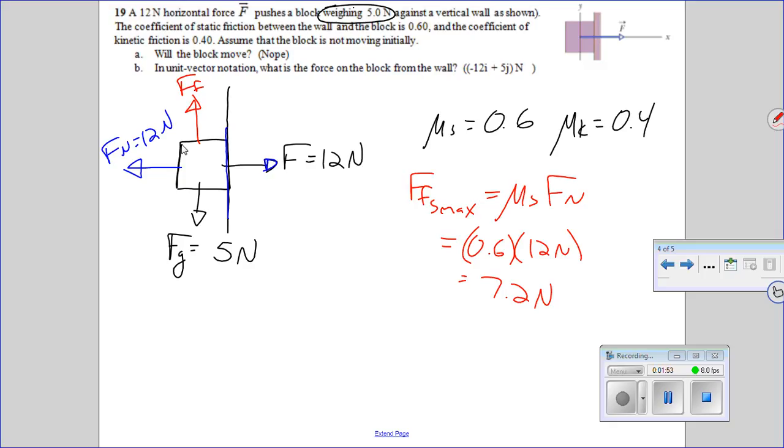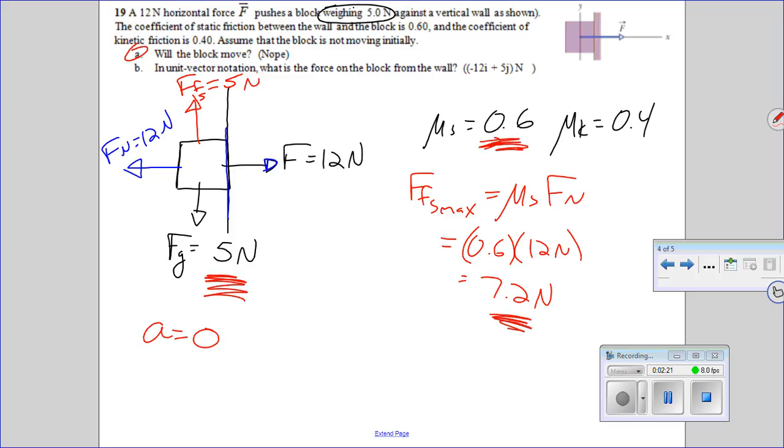So we've got gravity pulling down with 5 newtons, and static friction can exert up to 7.2 newtons to prevent the motion. Oh, so we're good. I can put a static friction force here of 5 newtons, and my drawing is done, right? And that's going to give us an acceleration of 0. So does the block move? No.